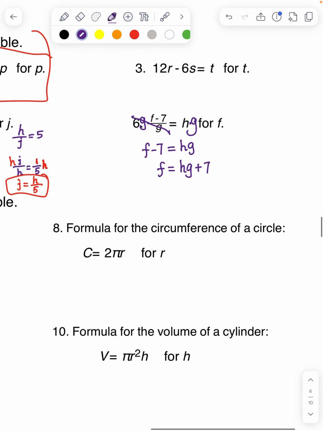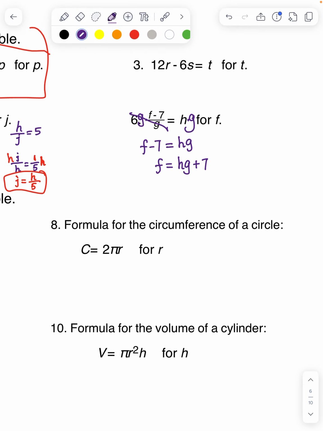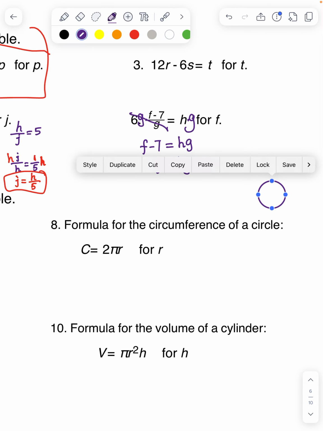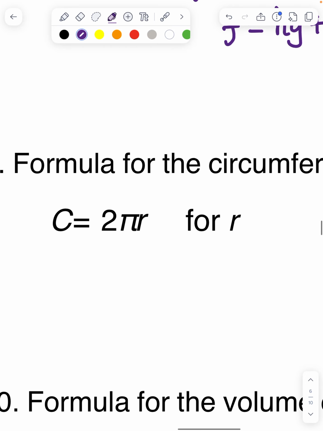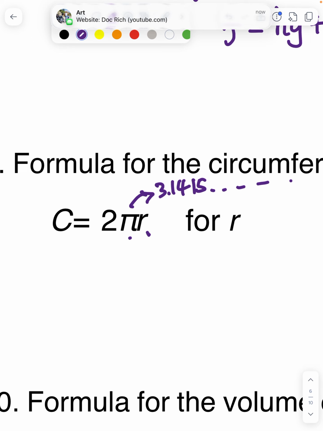Okay, number 8. Formula for the circumference of a circle. That means the total length of this curve, the circle. C equal to 2 pi r, 2 times pi times r. Pi is 3.1415, blah, blah. It has infinitely many digits, so pi is just a number. We solve for r.